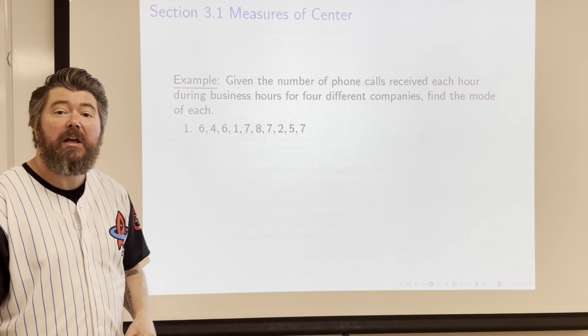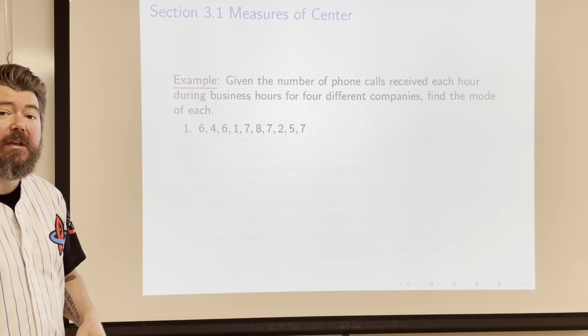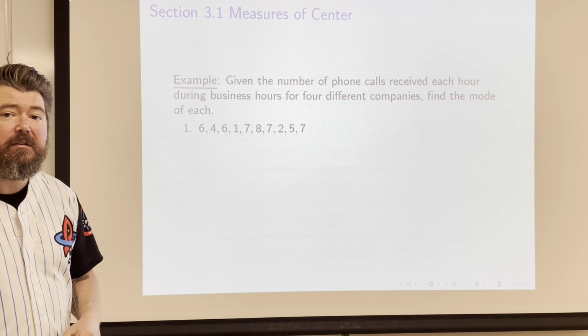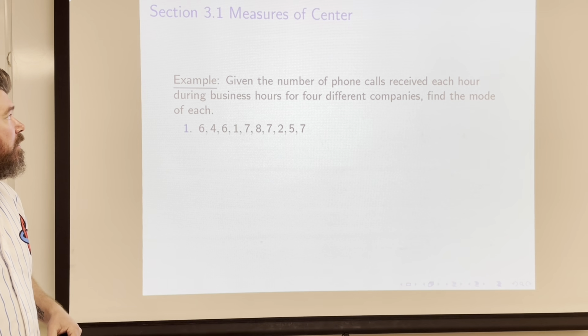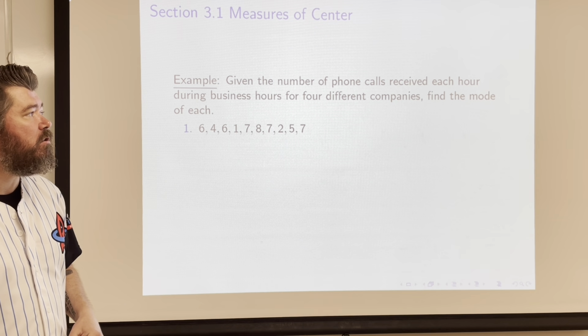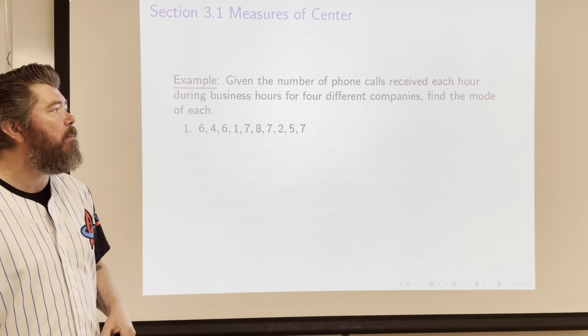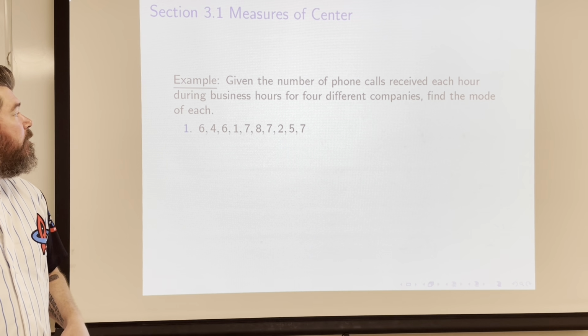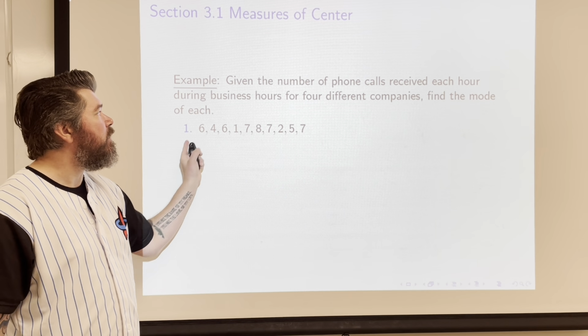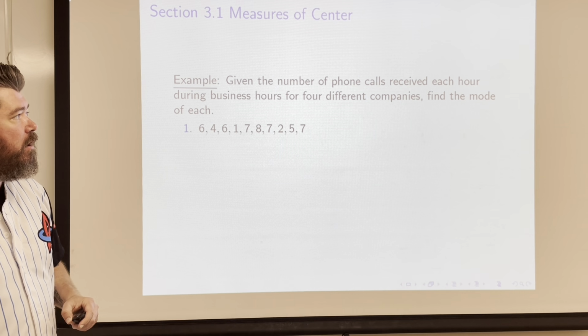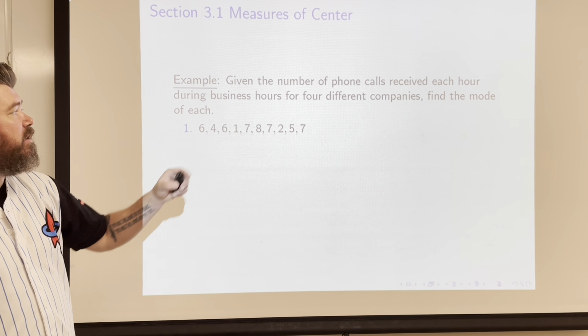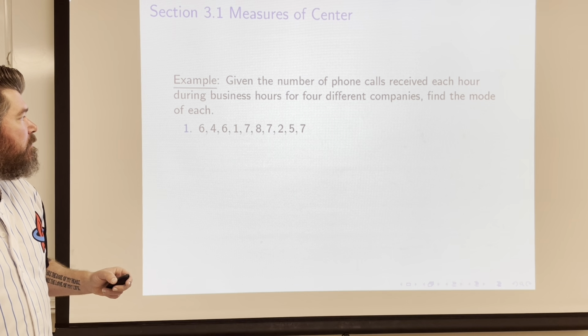Okay, so let's look at a couple of examples and see the possibilities of finding the mode. Given the number of phone calls received each hour during business hours for 4 different companies, find the mode of each. So here's our first company, the phone calls received each hour.